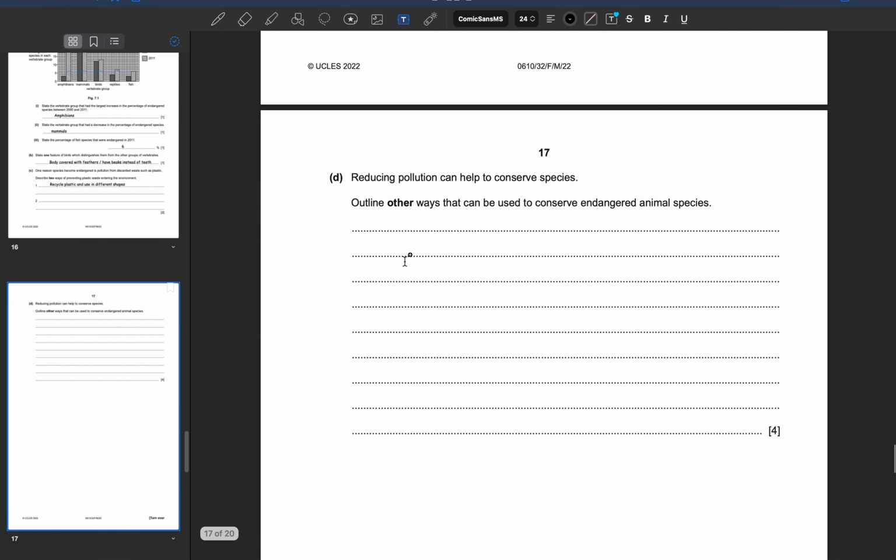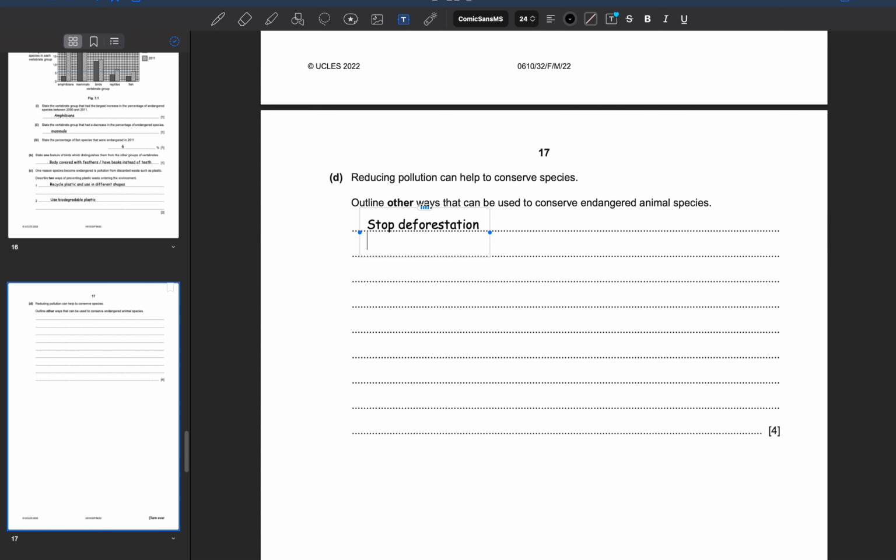The next one: reducing pollution can help to conserve species. Outline other ways that can be used to conserve endangered animal species. Here he wants different ways of conservation. How can I conserve to prevent the endangered species? I have many ways. I can say stop deforestation.